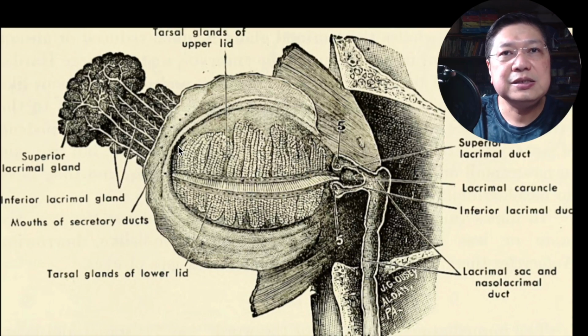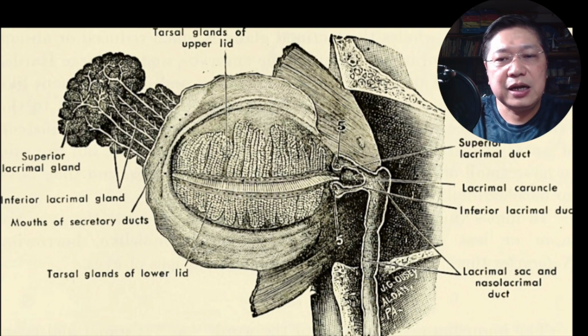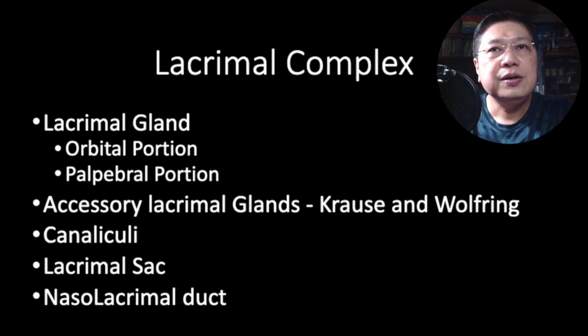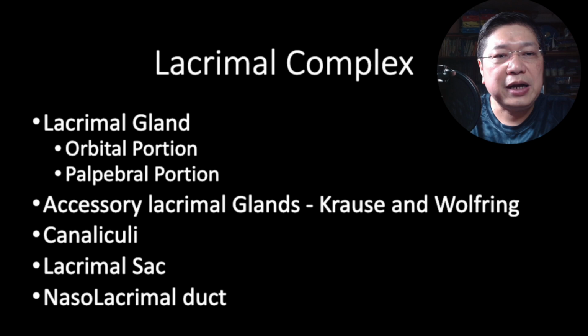It drains towards the punctum, which is this area, and going through the lacrimal duct, lacrimal sac, and drains outside of the nose. That's the reason why when you cry, when your eyes are producing too much water, even your nose is crying. Okay, so it's composed of your lacrimal gland.